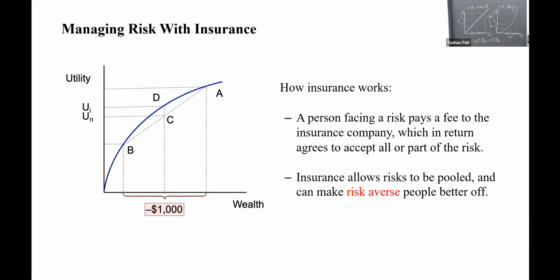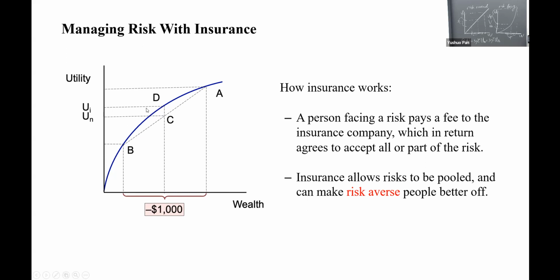What if nothing happens? There is a 50% chance that nothing happens, and still my new wealth is here, because I need to pay the $500 for the premium. So no matter if the loss happens or not, my new wealth will be constant, will be certain. There is no 50-50 chance.